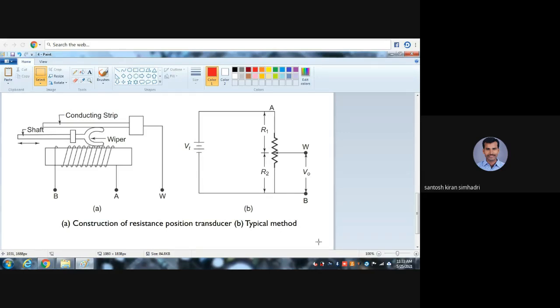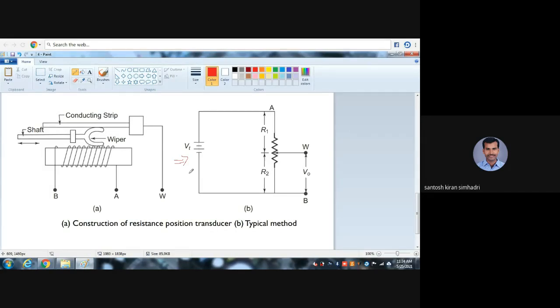Once you vary these resistance values, the potential difference between those terminals varies. There is one typical method, and I have extended it in a typical way. This discussion is exclusively for the construction of the resistance position transducer.